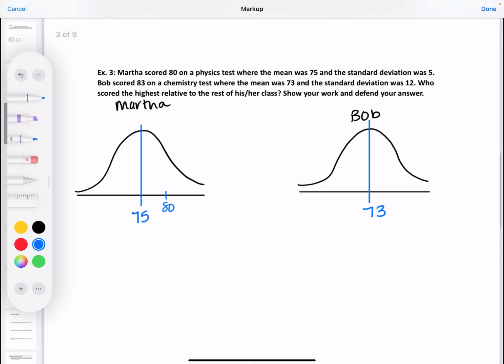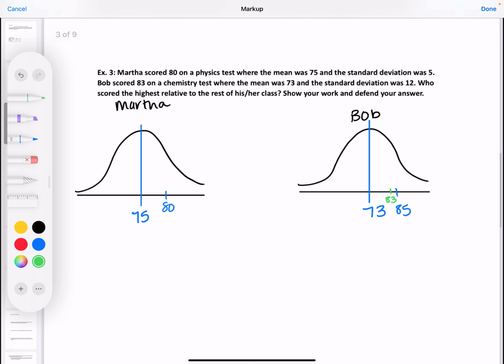The standard deviation for Bob's class was 12, so I add 12 to that, so that's 85. But we do want to note that he got an 83, so I am going to put a little tick mark on here to show that he had an 83 rather than the 85.